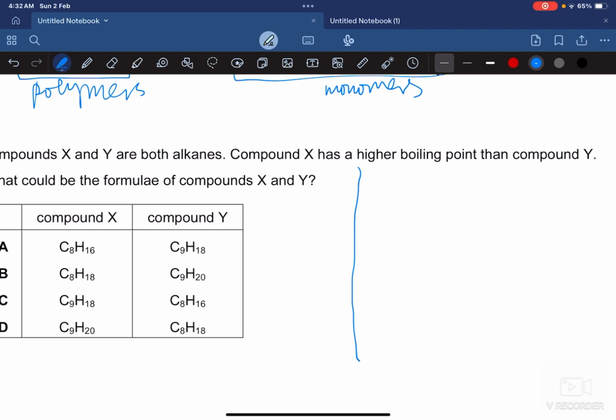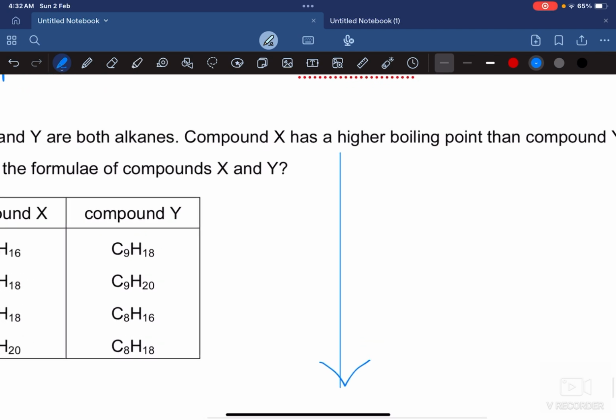You're going down like this. Over here you have 1 carbon. You have 2 carbons, 3 carbons, 4 carbons, and 5 carbons. Now mark my words. As the number of carbons increases, the melting and boiling points increase.